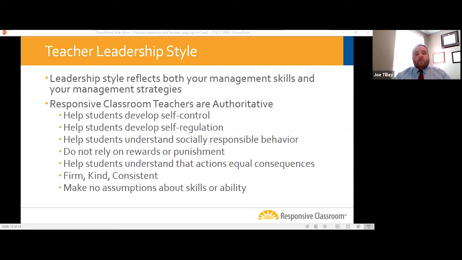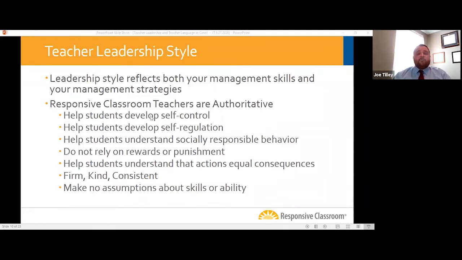That control, that regulation is going to look different this time. And how we help students through that is going to be a little bit different. The socially distanced classroom is going to be the same way. Students are going to have those moments where they want to get close to another student, but you know that's not permissible. And so you have to think about what that control and that regulation is.